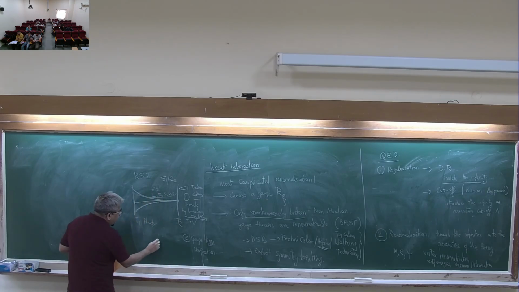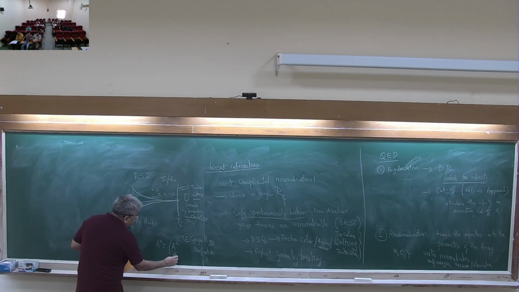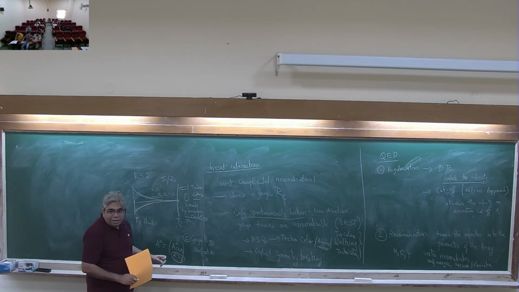So if you take A mu in 5 dimensions, this has A mu in 4 dimensions and an A5. This fifth direction can be considered as a Higgs. This is called gauge Higgs unification.